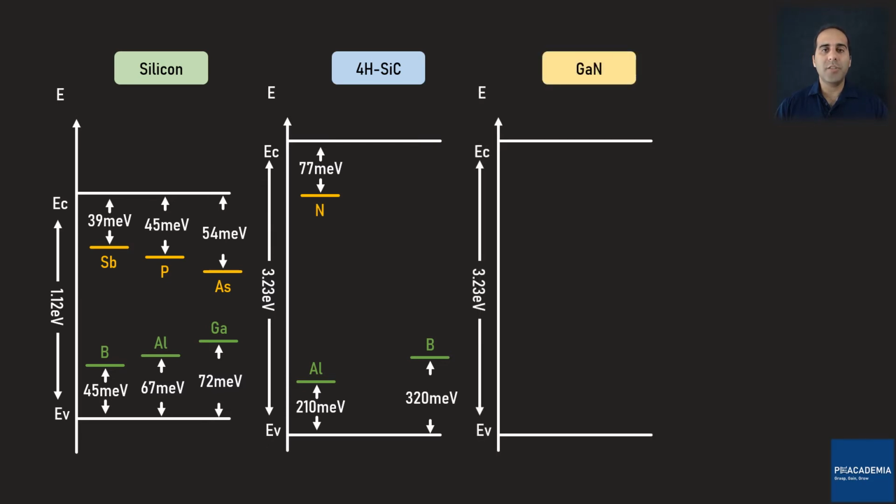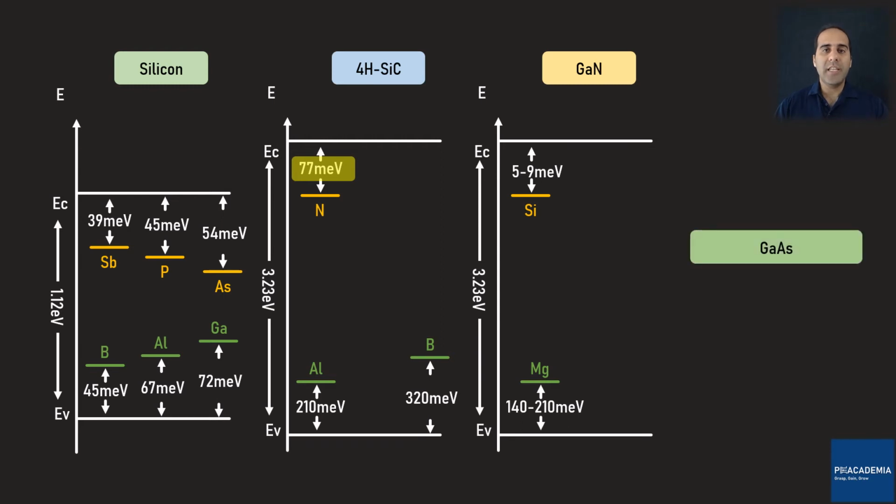For gallium nitride, silicon is commonly used to create an N-type semiconductor and magnesium to create P-type. The ionization energies associated with each one of these dopants are given in these energy diagrams. You may pause the video and look at them at your own pace. For example, the ionizing energy in 4H silicon carbide doped by nitrogen is 77 milli-electron volts.